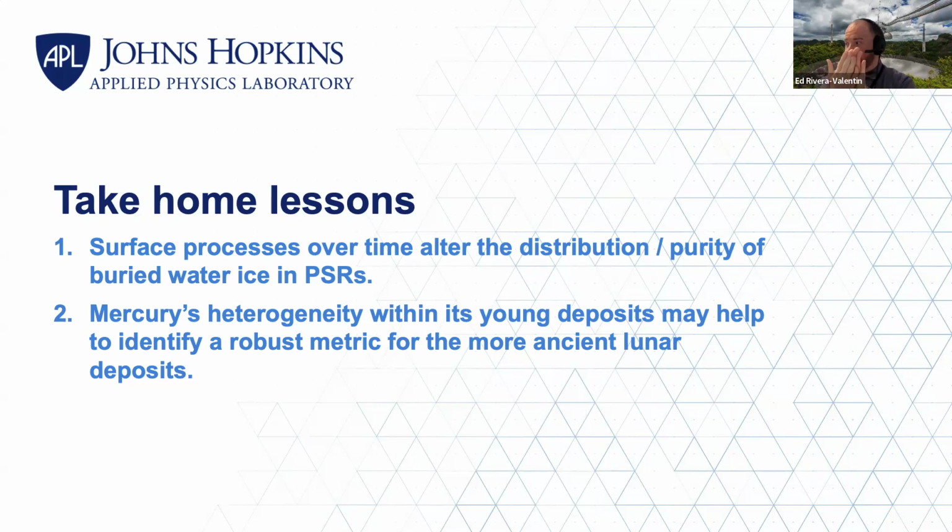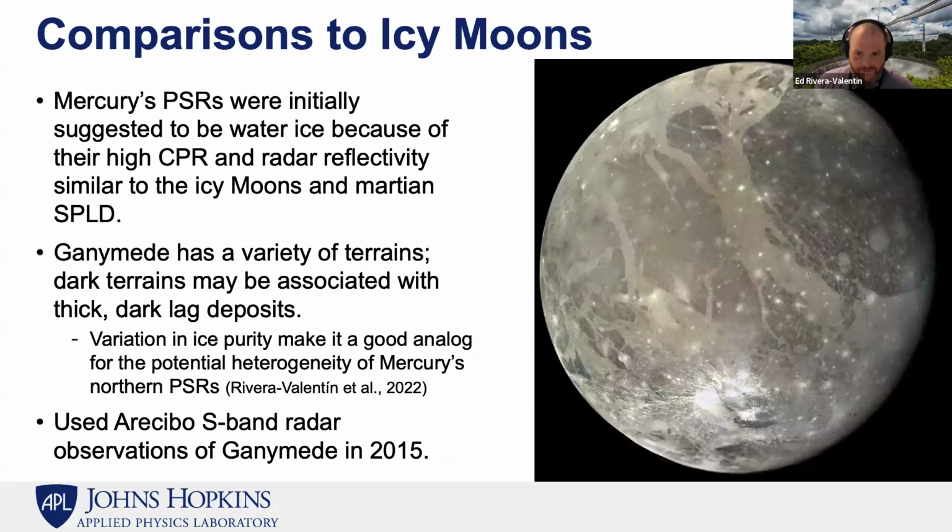So now I want to step one more backwards in time. And let's go to the better ice analog, the icy moons of Jupiter, right? Because if you're going to be looking for ice, go to the things made of ice and look at its radar properties. So when we first were finding ice with radar on Mercury, there were two properties that were like, oh, these might be ice, and that is CPR and the radar brightness.